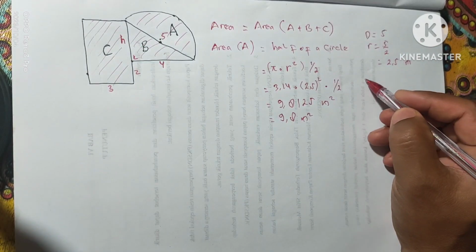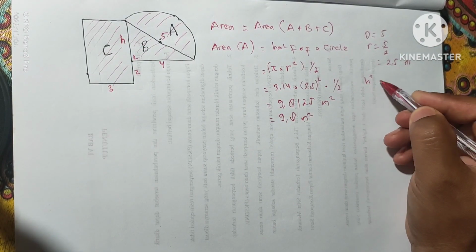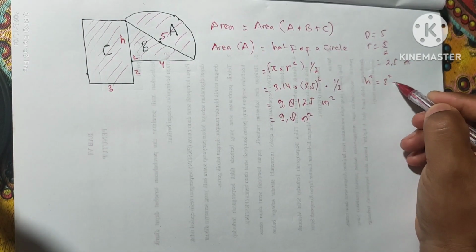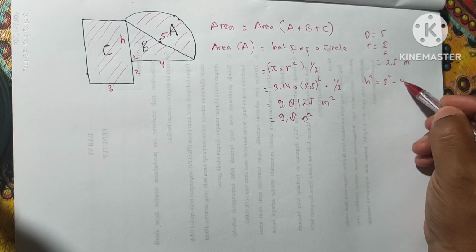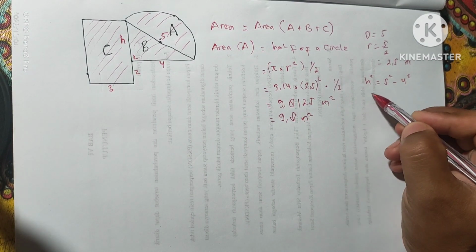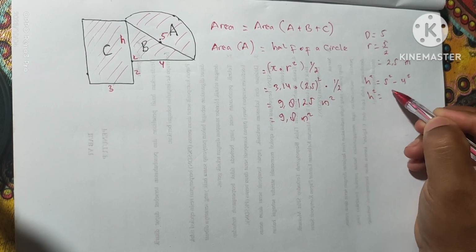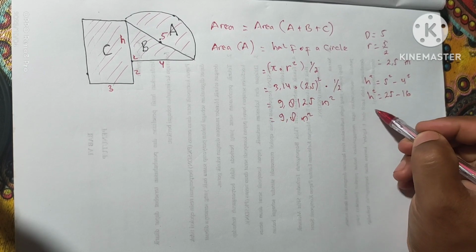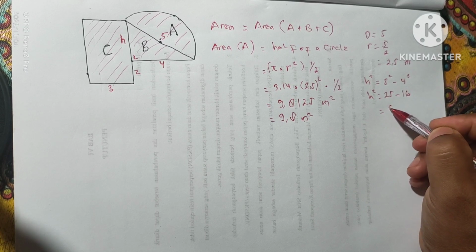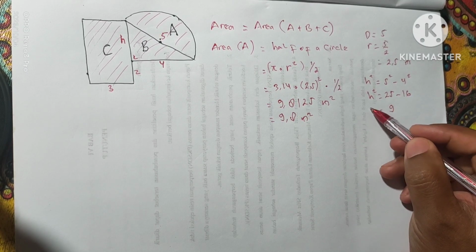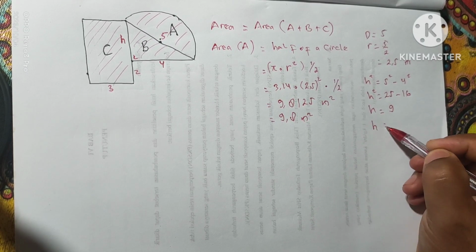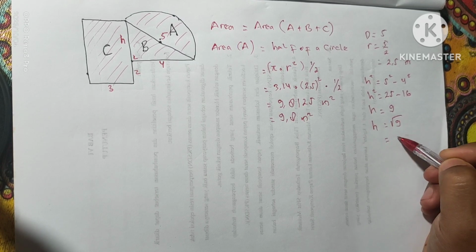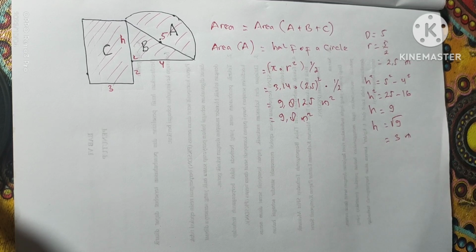So h squared will be 5 squared minus 4 squared, which is 25 minus 16, so it will be 9. So h will be the root of 9, so h will be 3 meters, right?